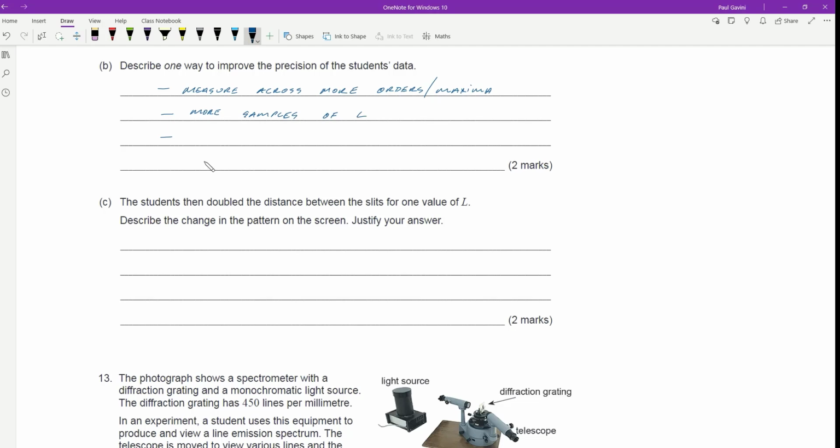And with the slits, rather than a double slit, we could have multiple slits, because then the transition from bright to dark is going to be more definite, more precise, so you can do more precise measurements.